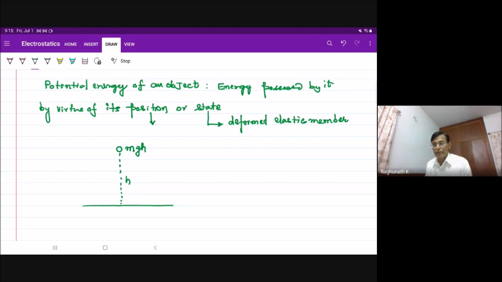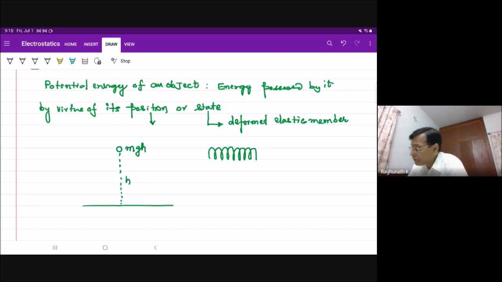Keep listening. There is a spring. Now an undeformed spring, formed and kept, will not have any energy.